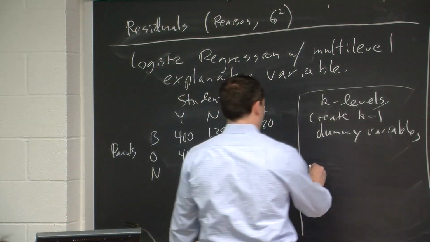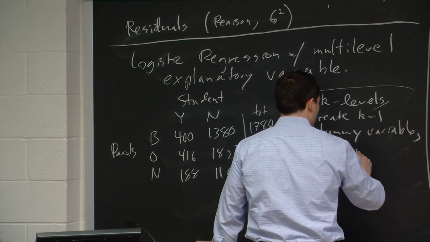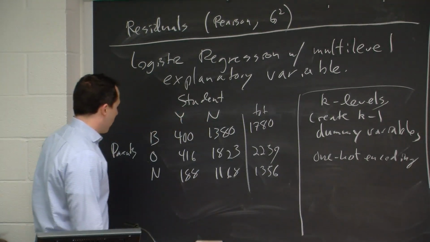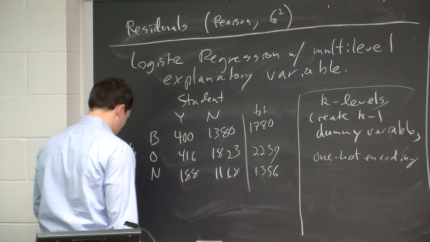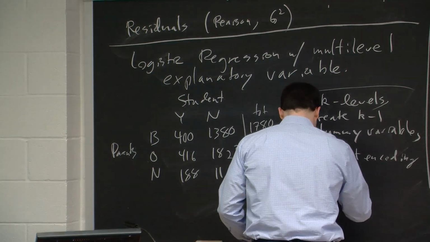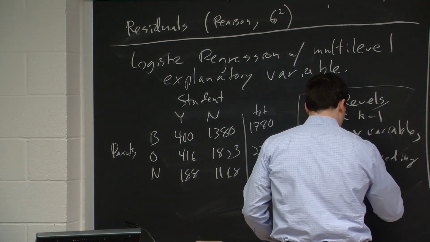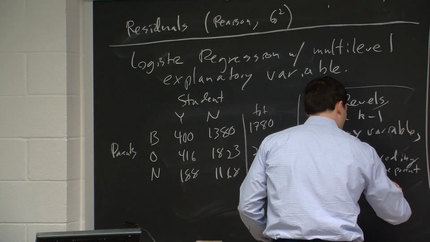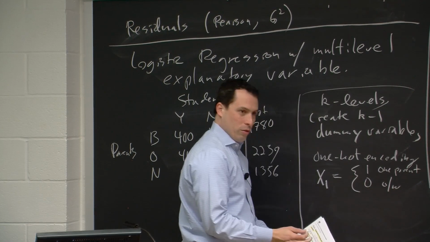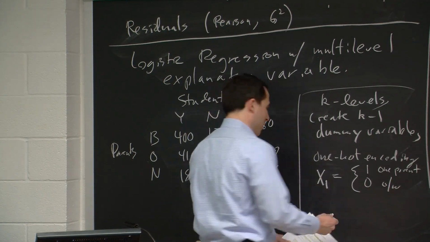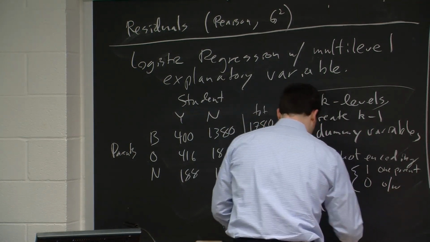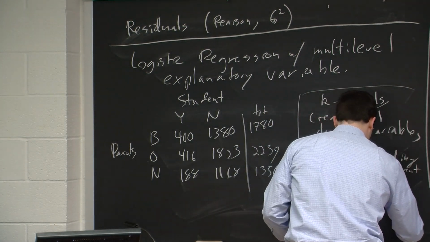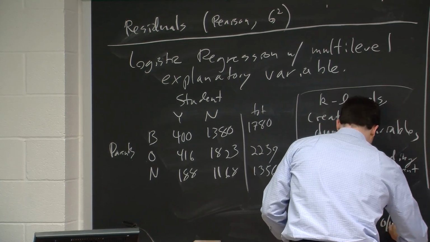It's what's sometimes called a one-hot encoding. So we create a variable x1 which is 1 if one parent smokes, 0 otherwise, so 0 for two parents or neither, which is a bit odd, right? And we have an x2, which is 1 if both, and 0 otherwise.